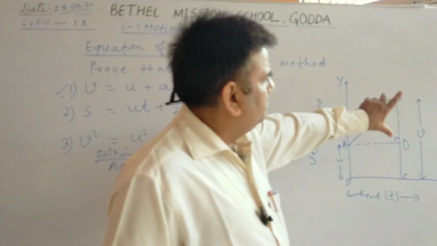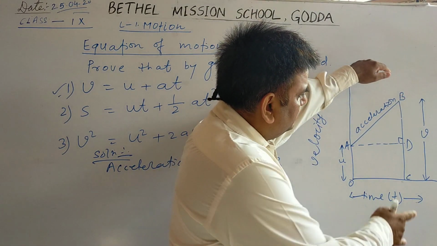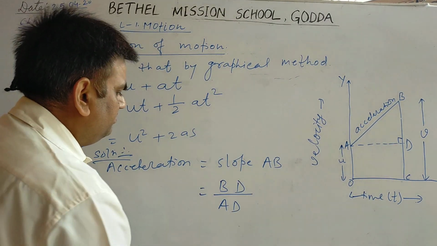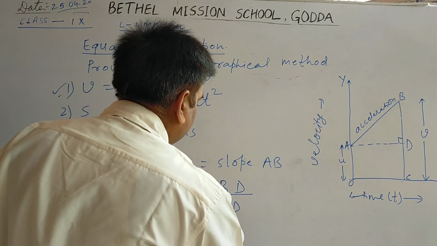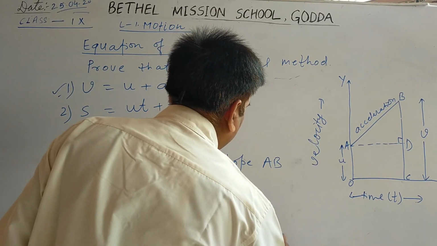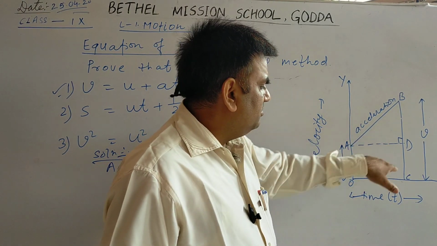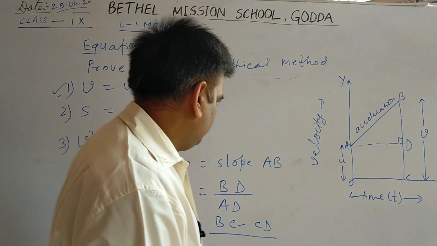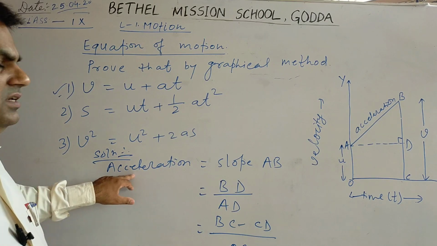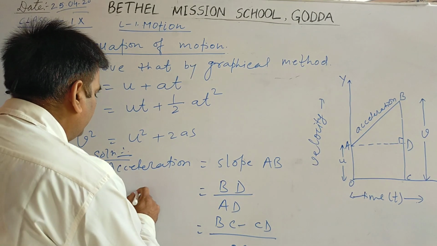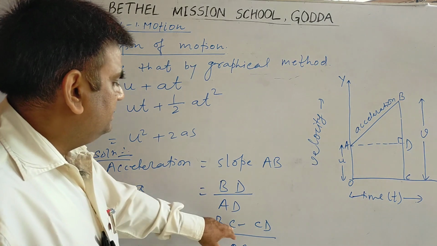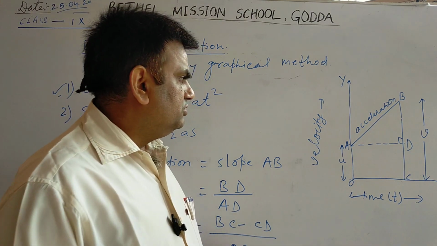In place of BD, we can write BC minus CD, and in place of AD we can write OC. Acceleration will be represented by the symbol a. So a equal to BC minus CD by OC.